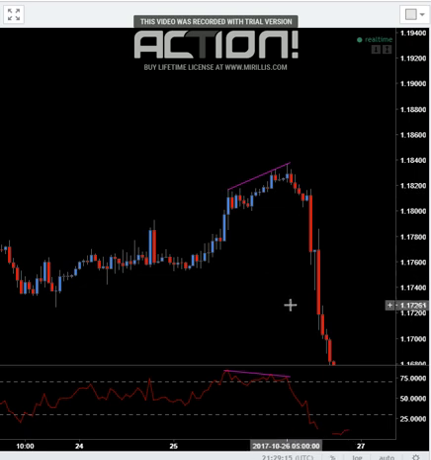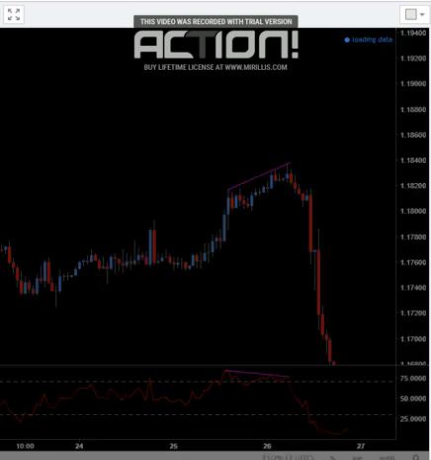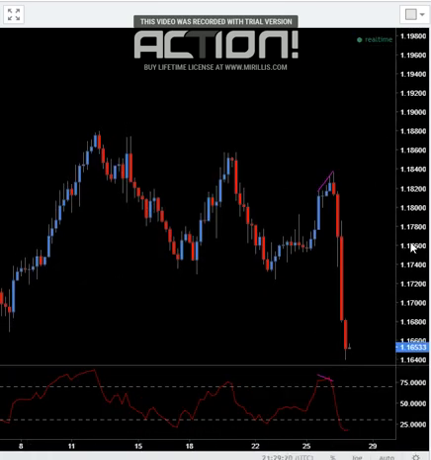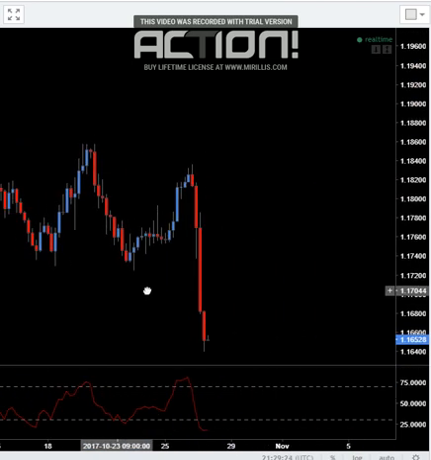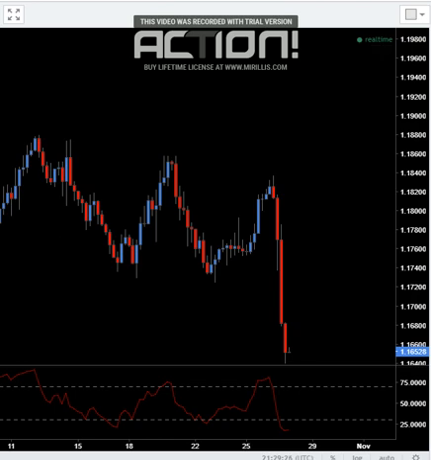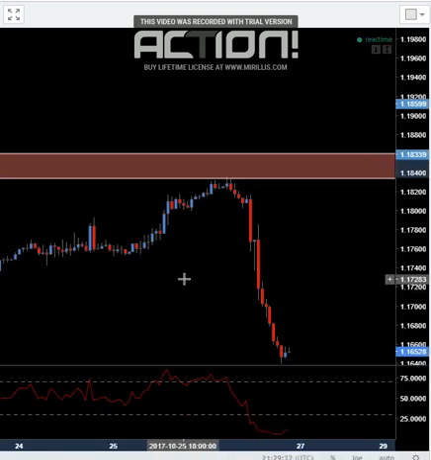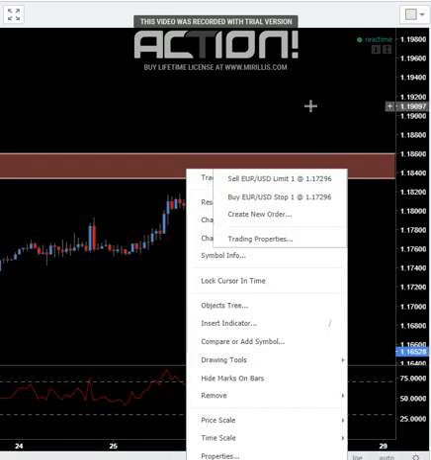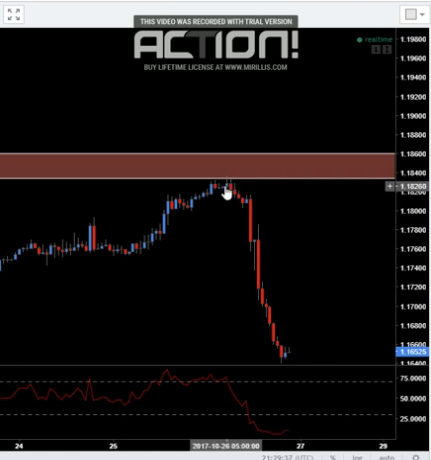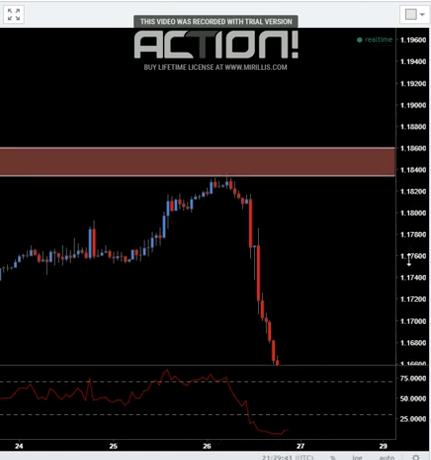So already you're having more than enough reasons to say, maybe this level is bound to come down eventually. However, the 4-hour level was the tell-all to this short. Right here, all you really had to do was wait for the entry. The reason why I couldn't get into this was because I was expecting the pullback to come in around this level right here, to which I would have entered short. Never had the opportunity.